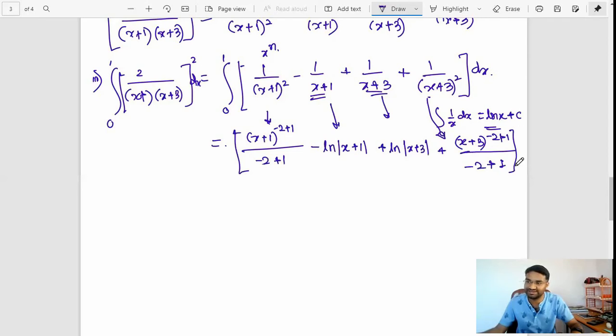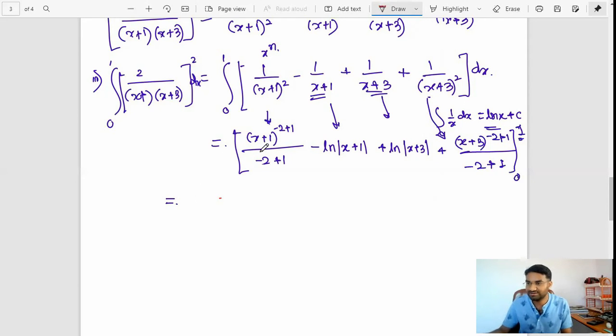It's an integration, okay? And we have a 0 to 1 integration, right? And now it's a very important step, that is you have to put the values 0 to 1 and solve them, right? So first you have to put 1, right?